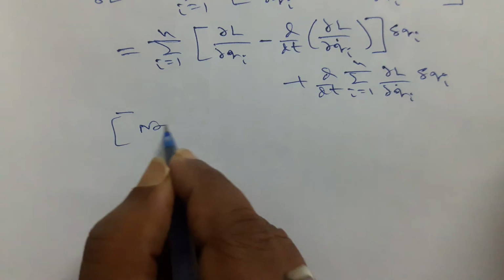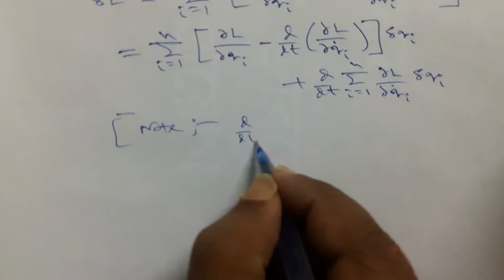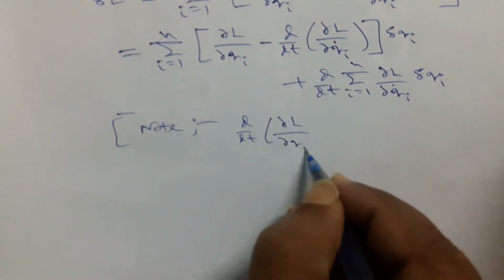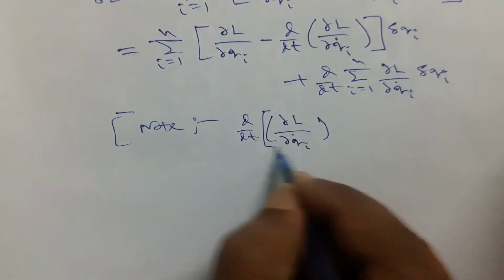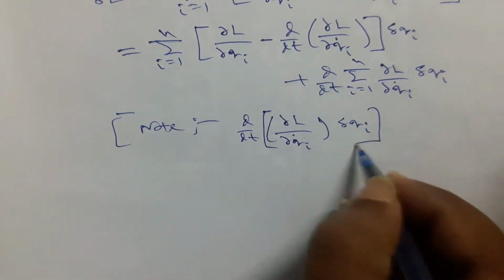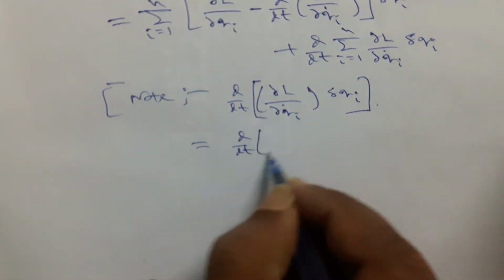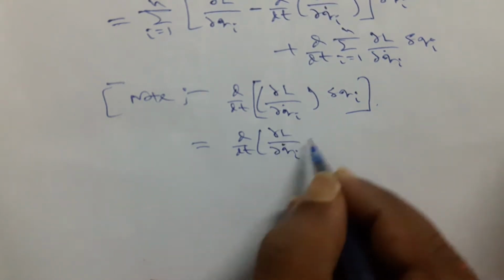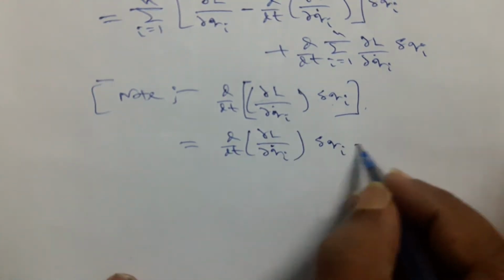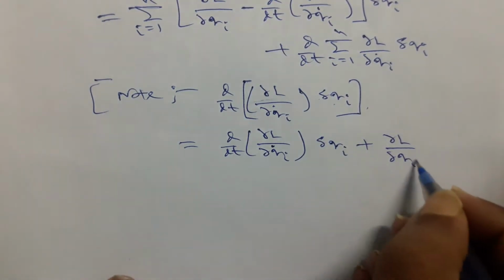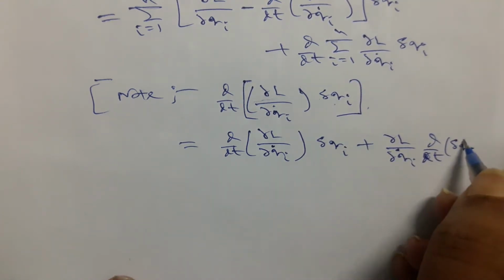Now it should be noted here, d/dt of del L/del qi dot del qi, if we take it as a product derivative, using the product derivative rule, we find d/dt of del L/del qi dot times del qi, plus del L/del qi dot times d/dt of del qi.